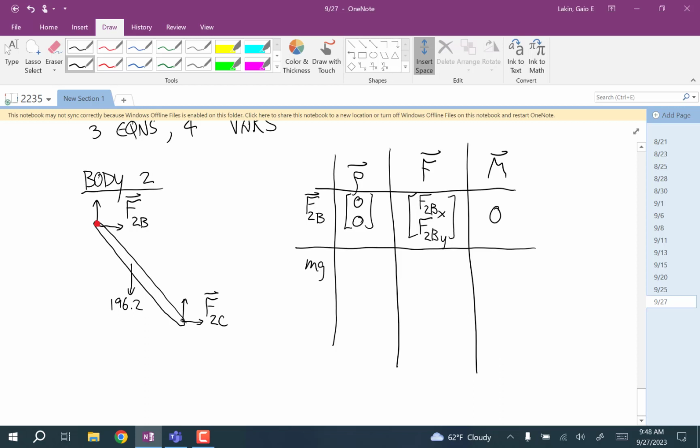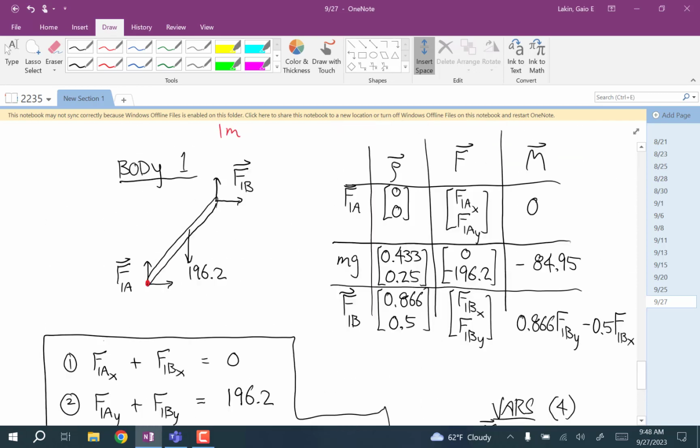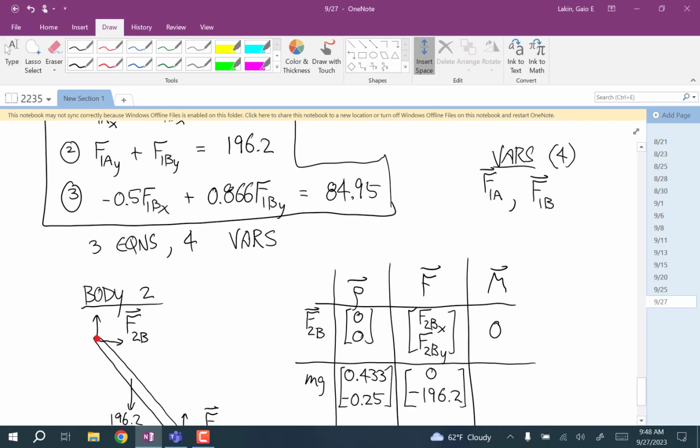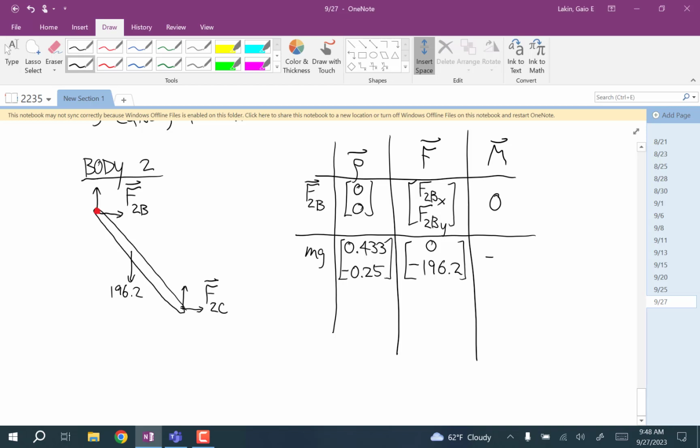The weight force, this row vector is 0.433, negative 0.25. Force is 0, negative 196.2. And 84.95. So this is negative 84.95. Does it make sense that that force would have a moment that would cause a clockwise rotation? Yeah.